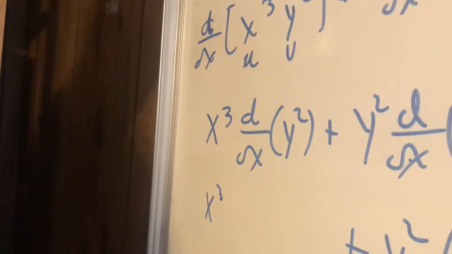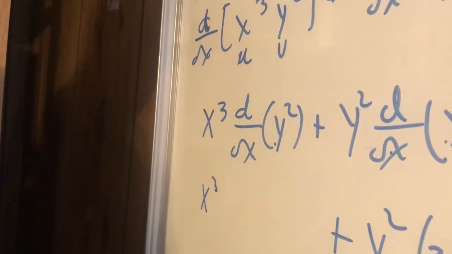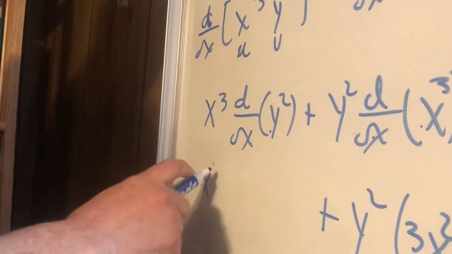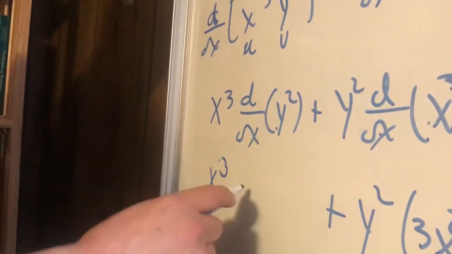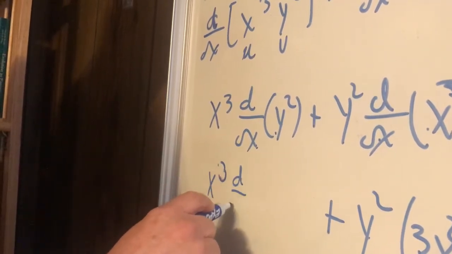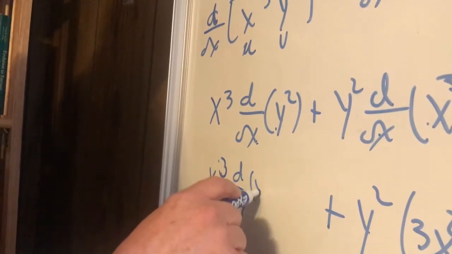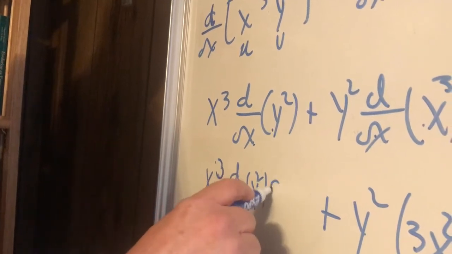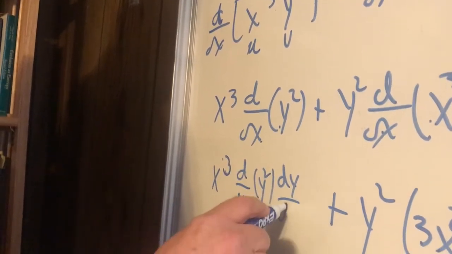Let's go back to x³ and y. I can't take that with respect to y, so with respect to x I have to once again use the chain rule formula and tack on this appendage.